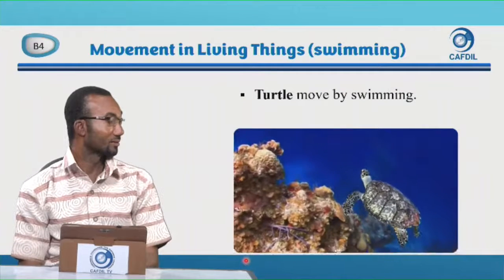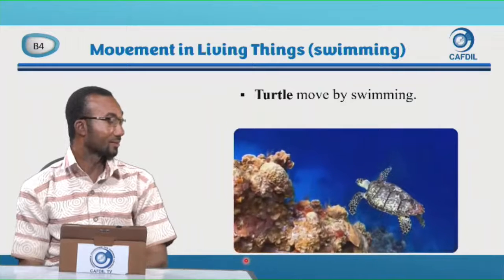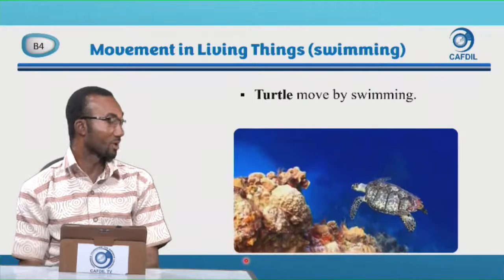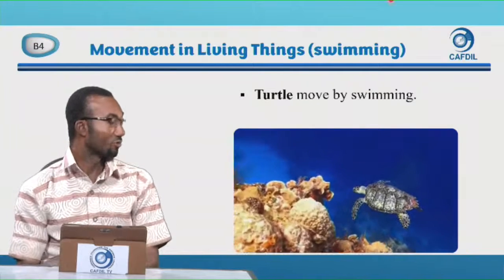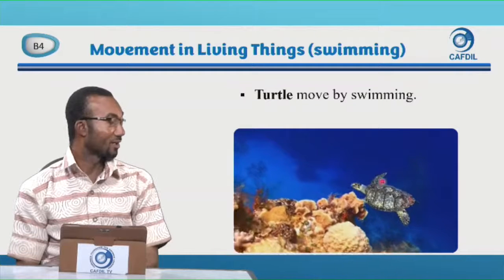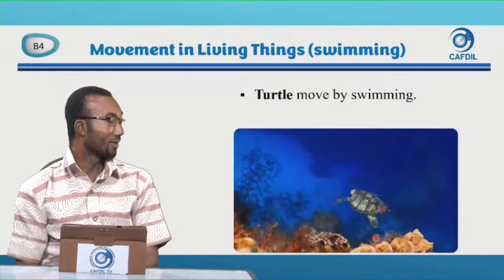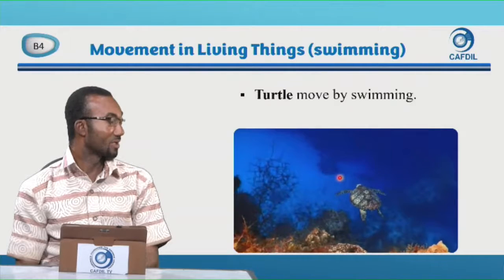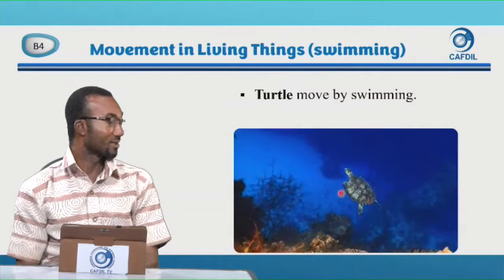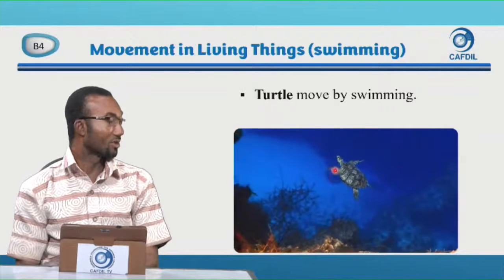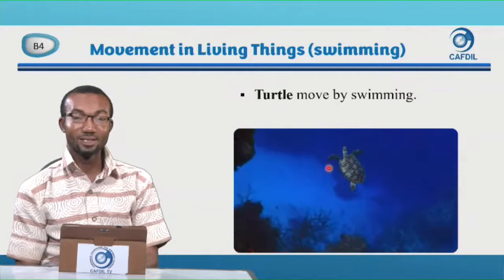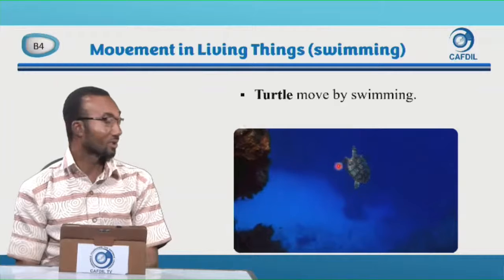This is a turtle. They move by swimming. Turtles don't have legs. What we see as legs are called flippers, because they don't walk on land. They are always found in water bodies.